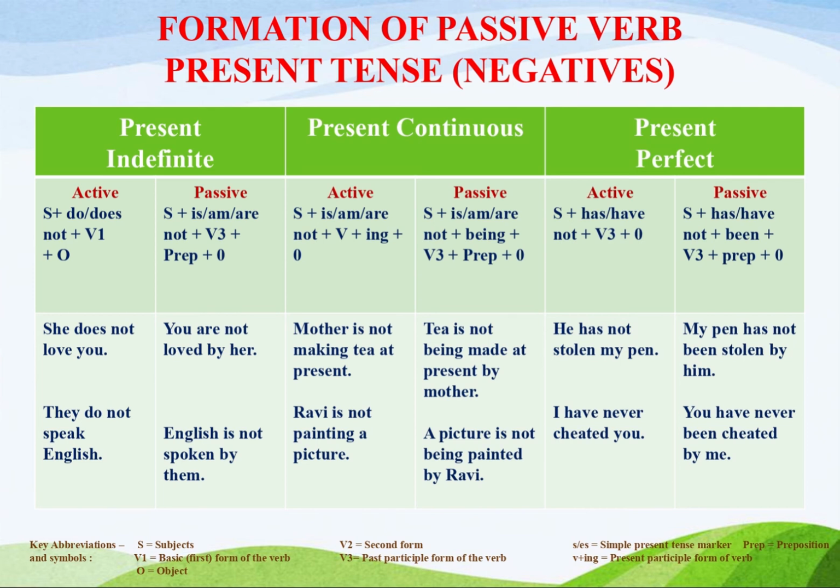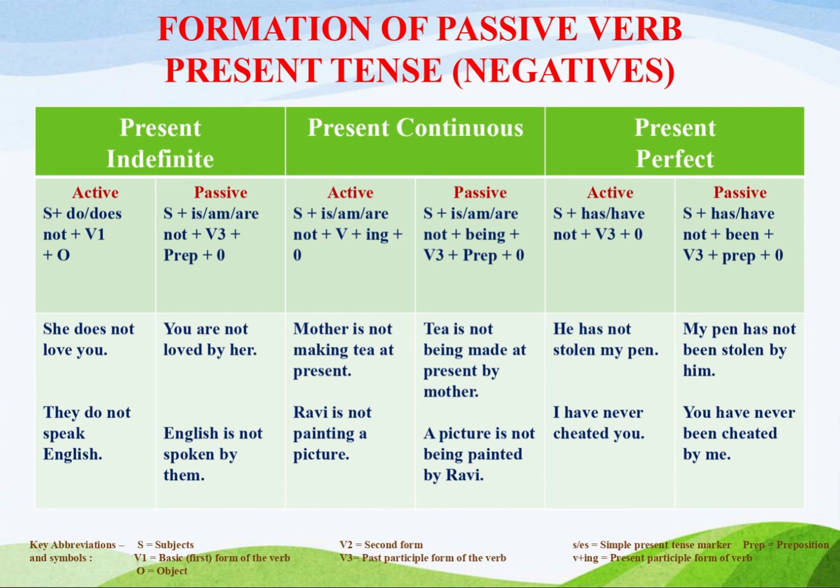Now the mother is subject here and the tea is object. Now the passive form will be tea is not being made at present by mother. Another example is Ravi is not painting a picture. A picture is not being painted by Ravi.